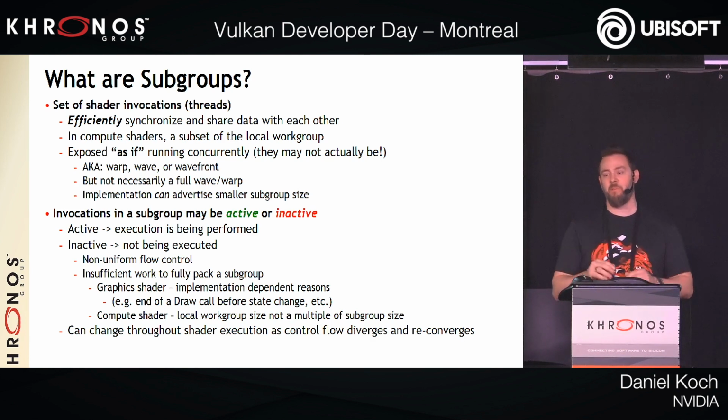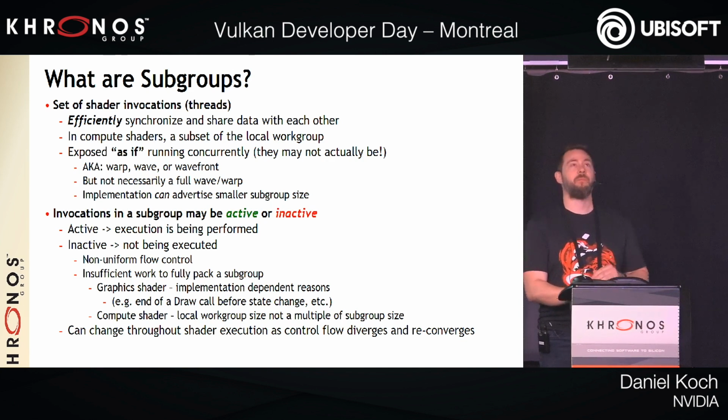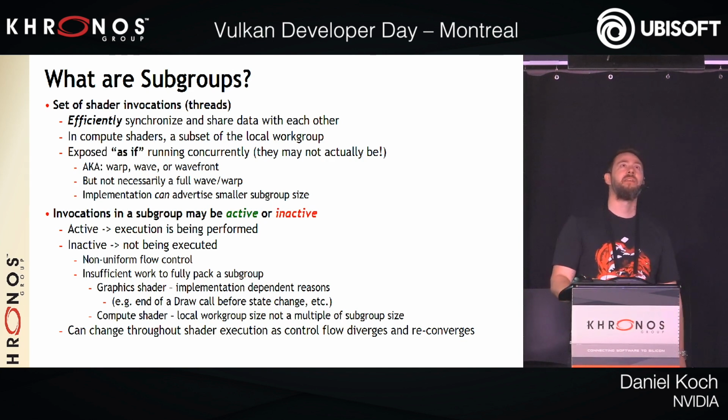So keep that in mind when you're designing your algorithms to use subgroups: they may not be running in lockstep. Very important. The other thing to note is that implementations can actually advertise a smaller subgroup than your wavefront. I'm not sure if any do right now, but I know for Nvidia, our wavefront or warp is the same as the subgroup size.